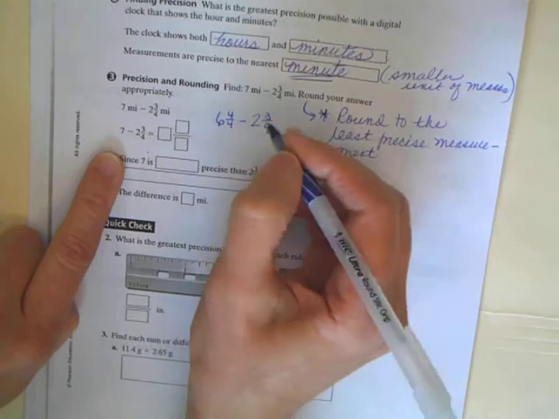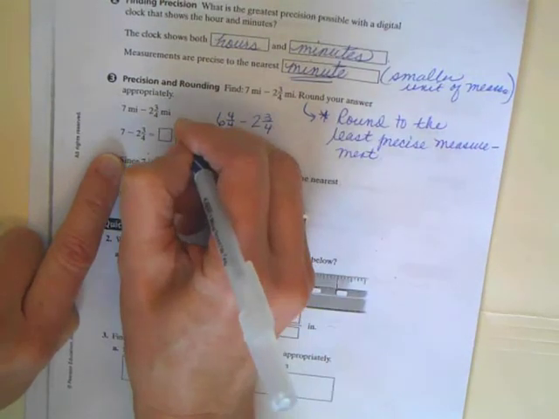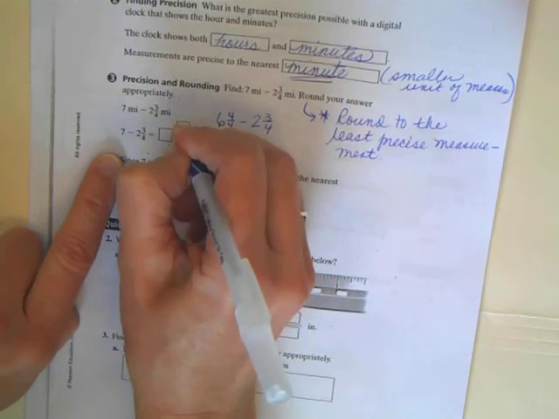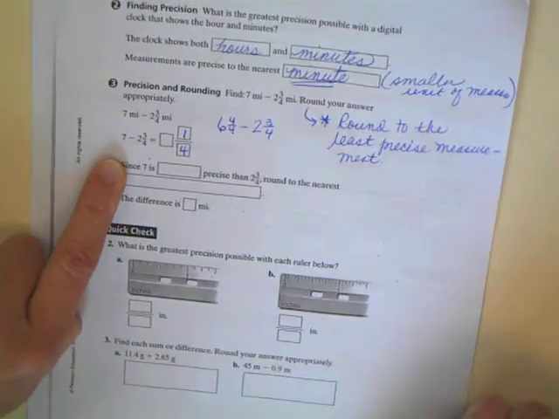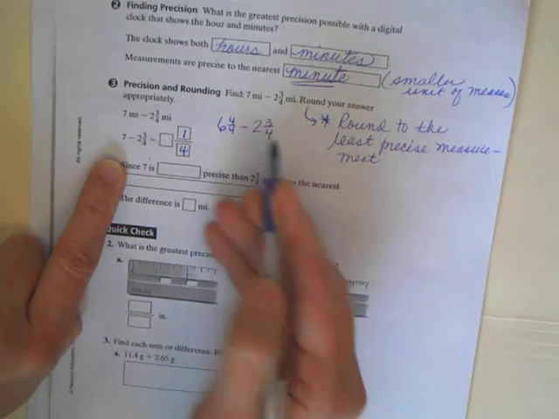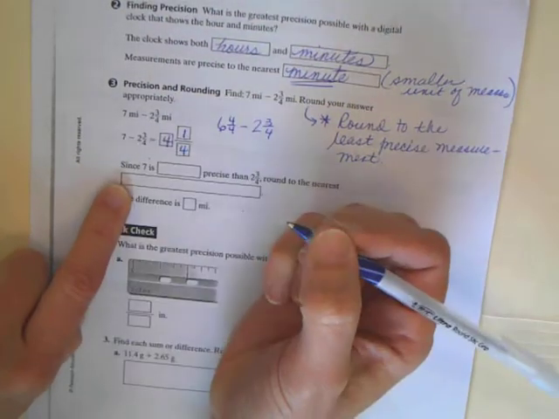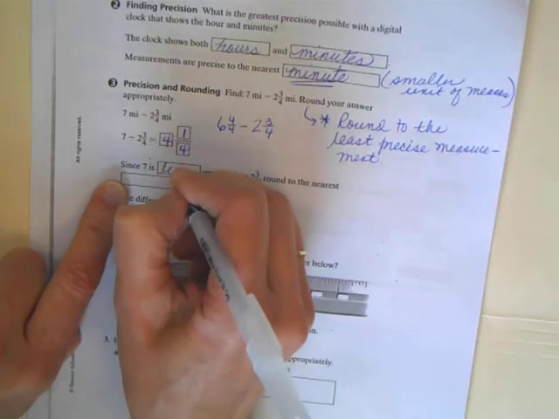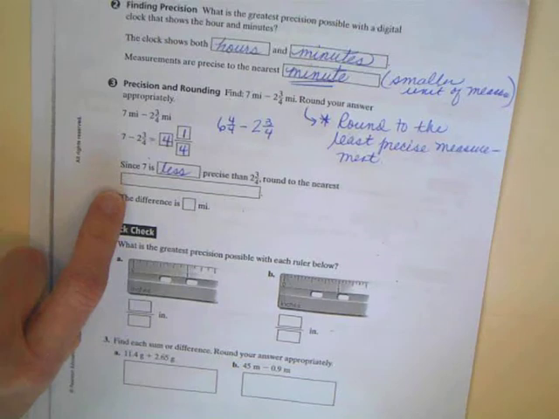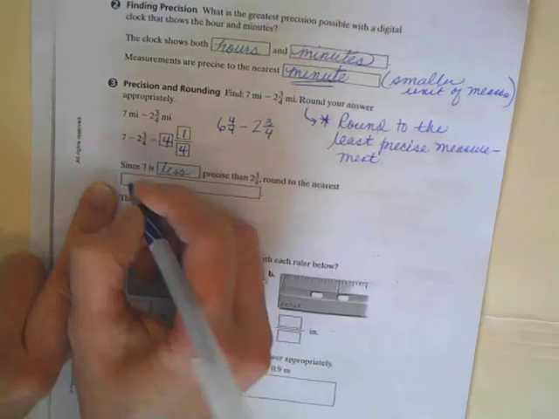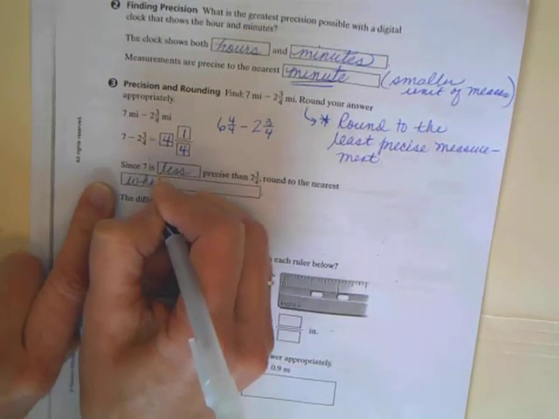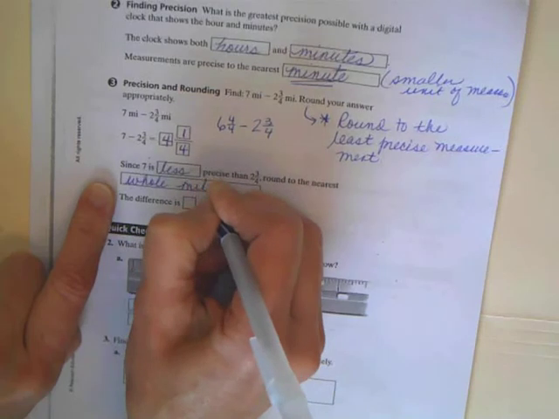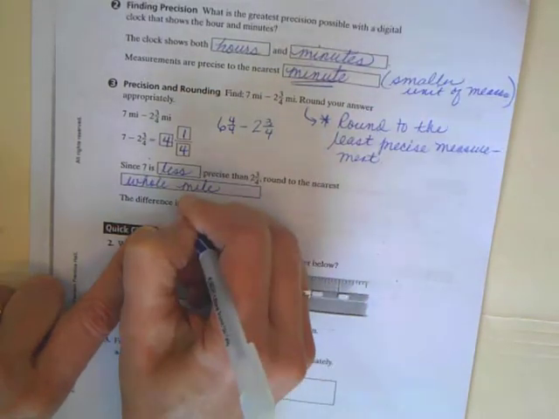Okay, so that is going to give me 4 minus 3, excuse me, is 1/4 for my fraction, and 6 minus 2 is 4. So since 7 is less precise than 2 3/4, we're going to round to the nearest whole mile. So the difference is 4 miles.